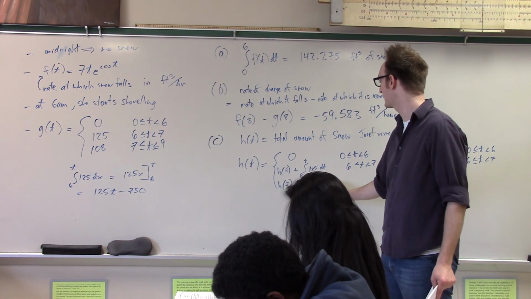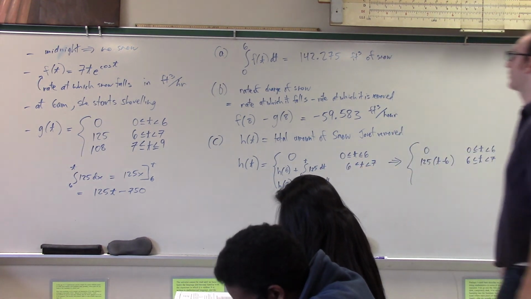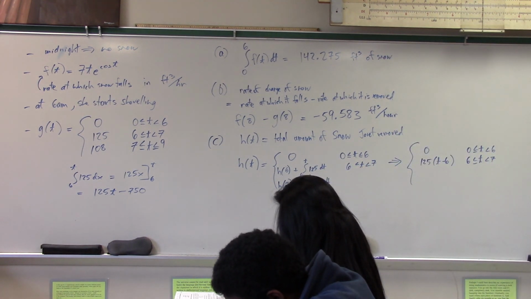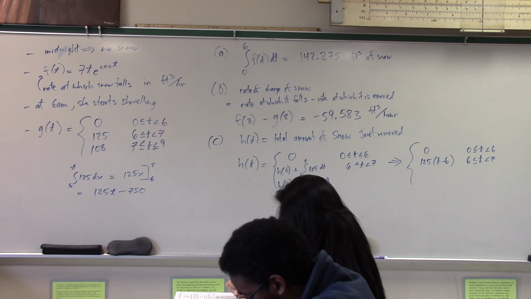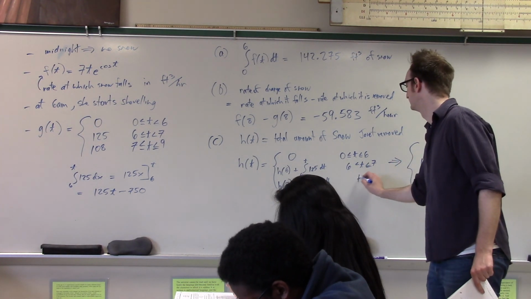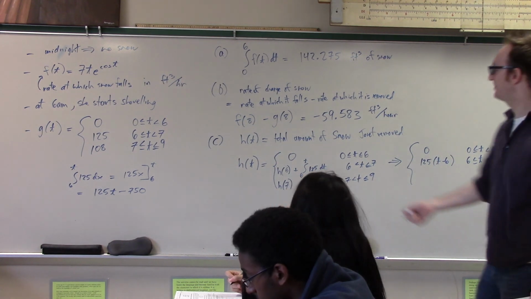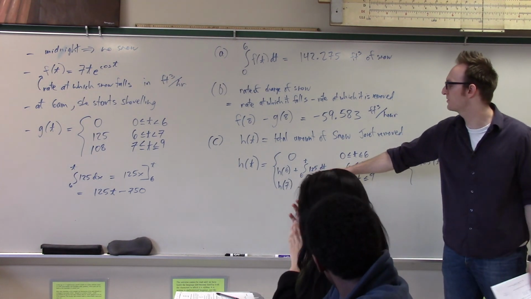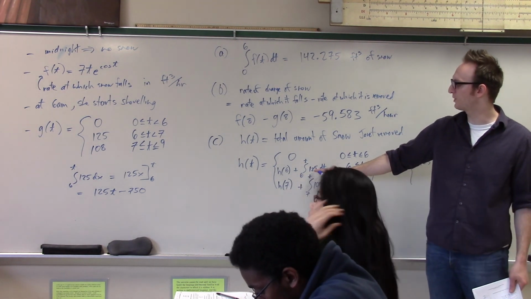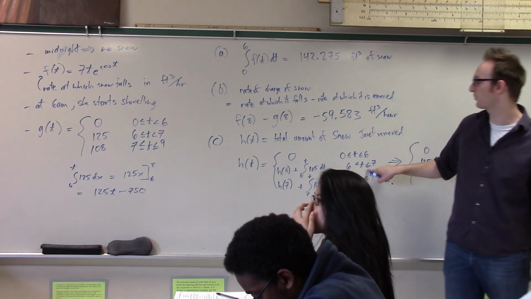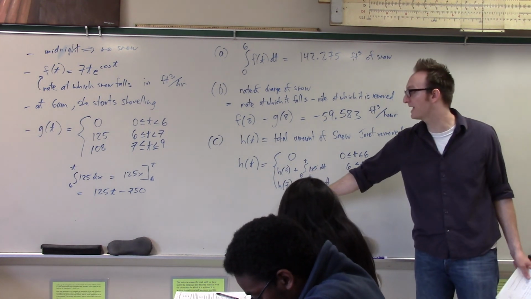Now she's shoveling at a rate of 108. And what is h of 7? It's 125, right? Because if she's shoveling at 125 cubic feet per hour and she shovels from 6 to 7, for 1 hour, then by the time we get to 7 a.m.